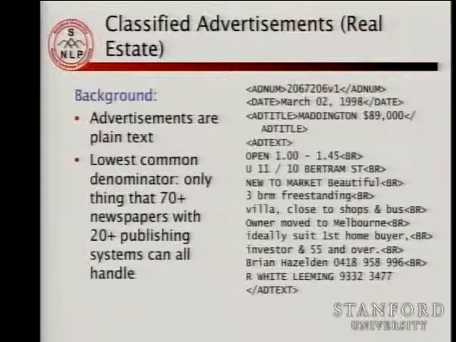I think this is a nice example, because with just plain text searching, you can give very little value with something like real estate or other forms of classified ads. But if you can actually do information extraction over these and semantically interpret the information, there are all sorts of interesting things you could do.